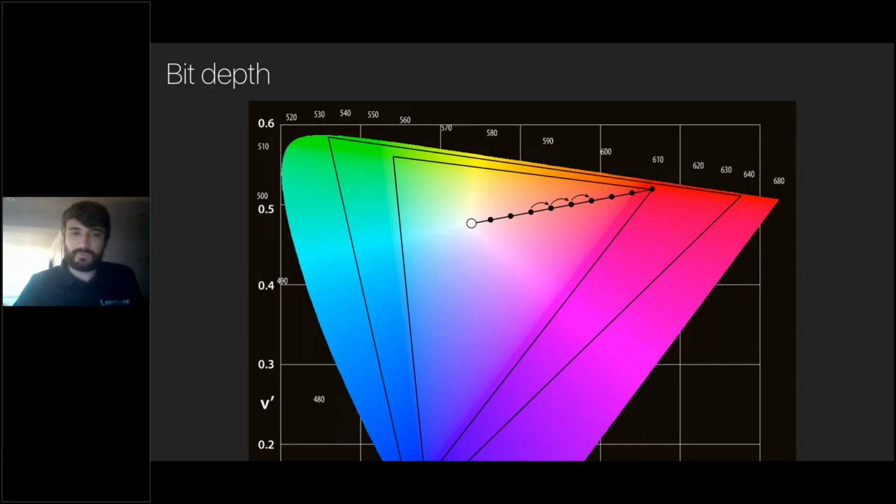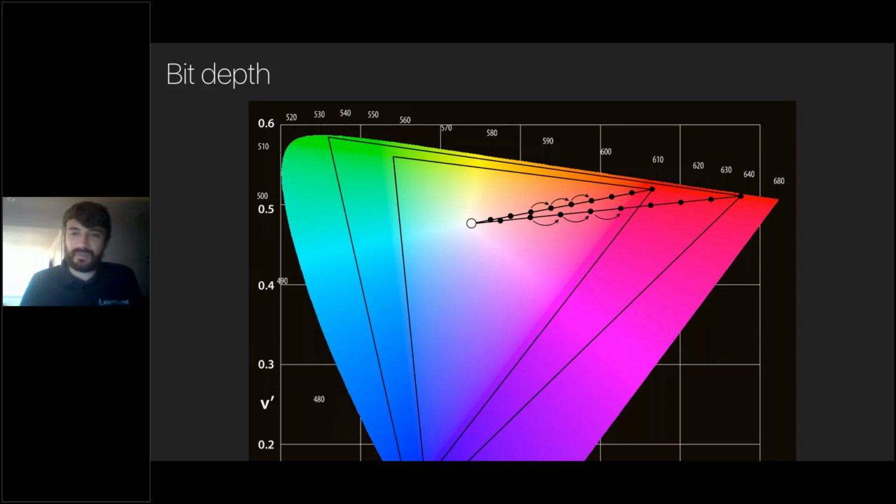And so we're traveling a certain distance, so there's a fixed distance between those two steps. However, if we increase the size of the color gamut without increasing the bit depth, then we have to use the same 256 steps between the white point and now this much further distance to the red.